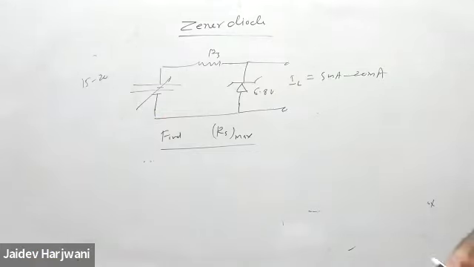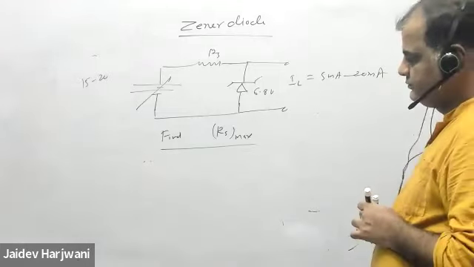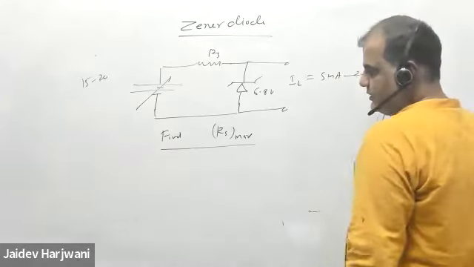So here how we can calculate the value of IL min, IZ min? Yes, very good. That is the question.